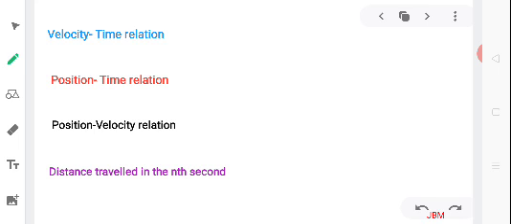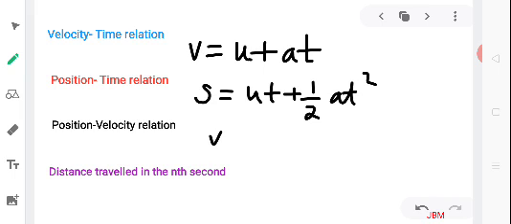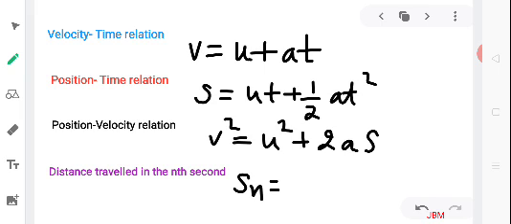commonly known as the velocity time relation, which is V equal to U plus AT; the position time relation, also called the displacement time relation, given by S equal to UT plus a half AT square; the position velocity relation, sometimes also called the displacement velocity relation, that is V square equal to U square plus 2as; and lastly the distance traveled in the nth second, given by Sn equal to U plus a by 2 into (2n minus 1).